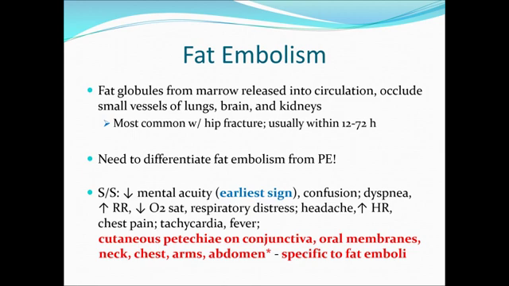Most commonly, it happens with hip fracture, and usually it's going to happen within 12 to 72 hours. So we really need to be watching for this. Here's the thing. You need to be able to differentiate a fat embolism from a pulmonary embolism. So is the blockage a fat globule, or is the blockage a clot, a blood clot?